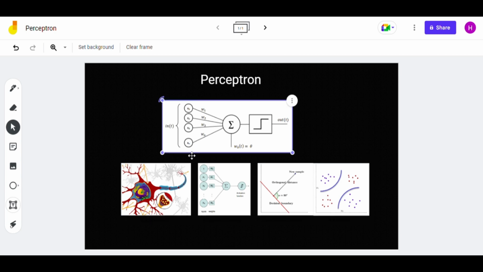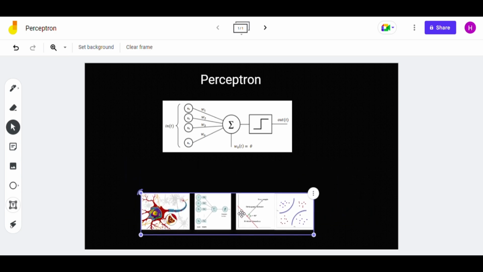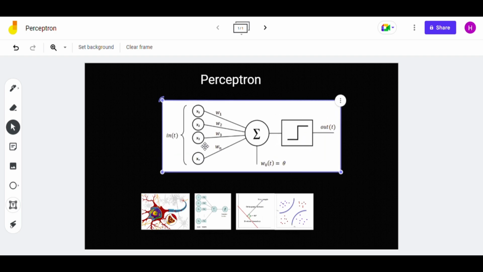So it would be like, first of all, we provide input. Let me just make this picture small. So the input provided is called x1, x2, like as shown in the picture, x1, x2, x3, and up to xn. These are all of the inputs.